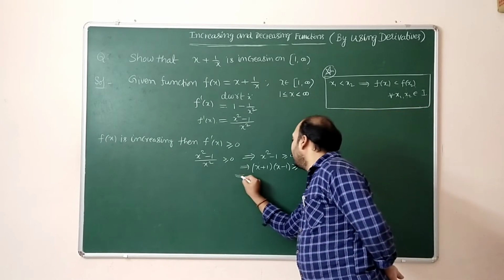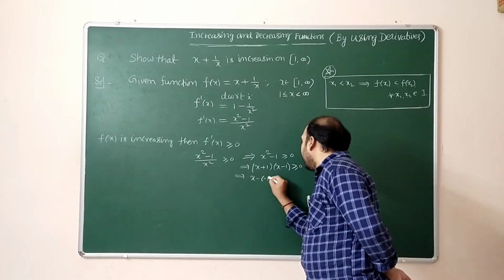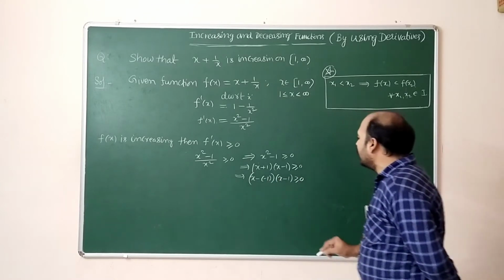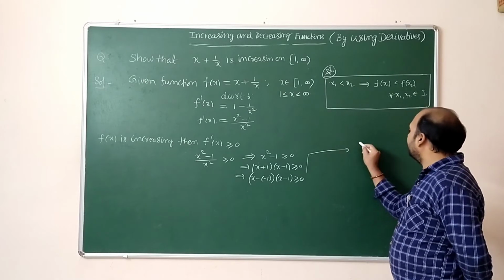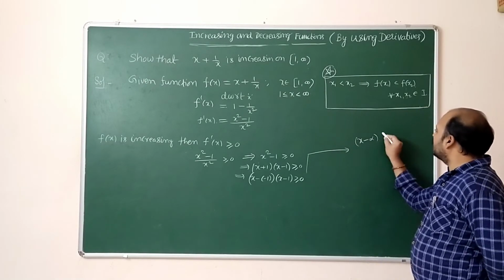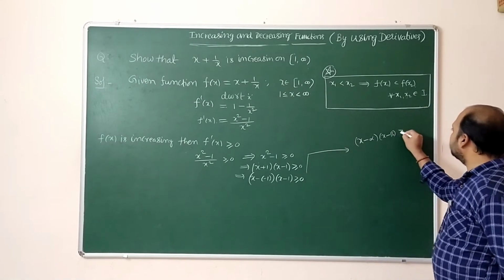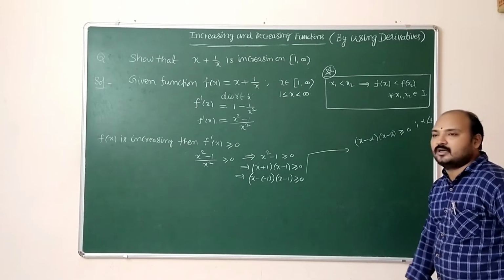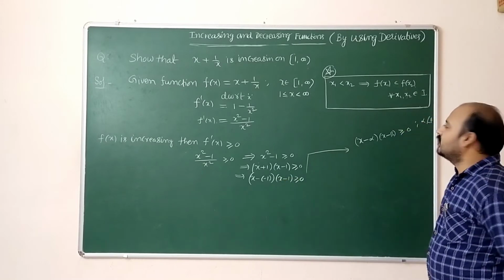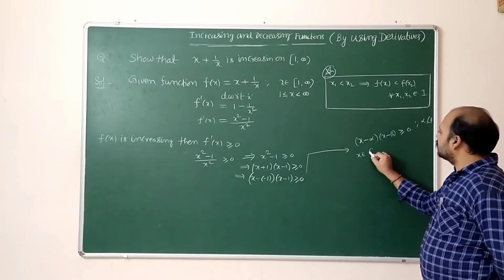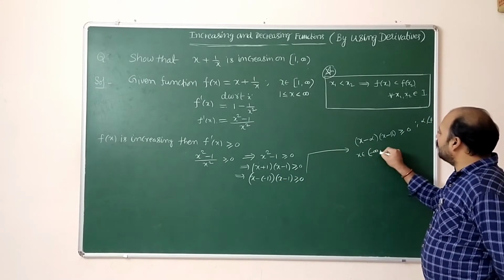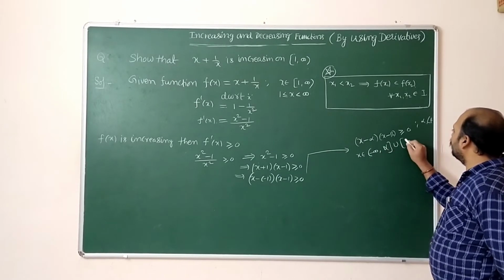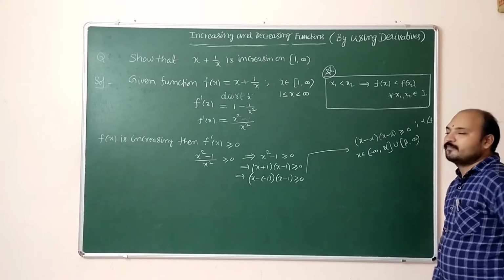So, that also can be written as x minus of minus 1 into x minus 1 is greater than or equal to 0. It is looking like x minus alpha into x minus beta is greater than or equal to 0 when alpha is less than beta. Here minus 1 is less than 1. So we have x belongs to open interval of minus infinity to closed alpha union closed beta to infinity.